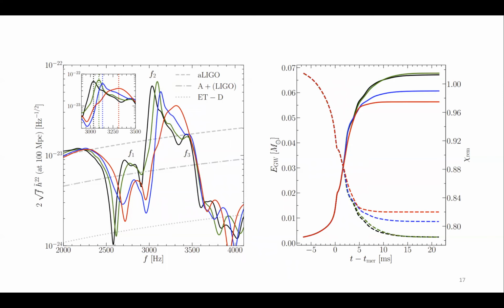That's why we also observe on the right-hand side that the gravitational wave emission is reduced in the viscous cases. Even though, again, I want to emphasize, maybe for the more realistic case of low viscosity, the difference between the green and the black line is just 1% in gravitational wave emission.